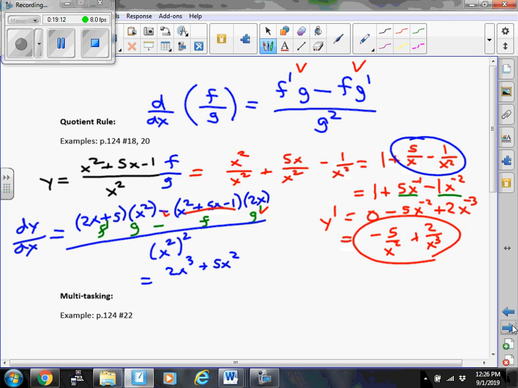So that's going to give me negative 2x cubed minus 10x squared. Wow. Can I rewrite this? I feel like I made a hot mess. All right, let me rewrite this. 2x cubed plus 5x squared minus 2x cubed.